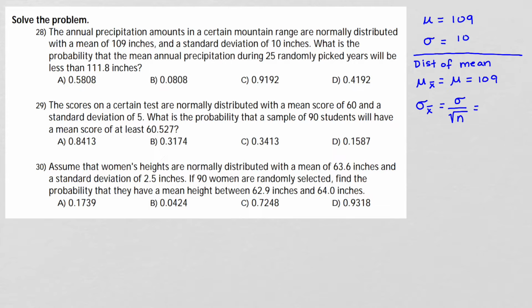So in this case, the standard deviation for the individual values was 10, and this is over 25 years. So we're going to divide by the square root of 25.